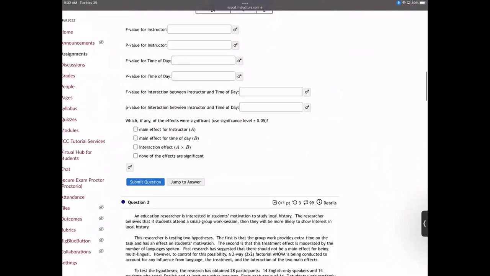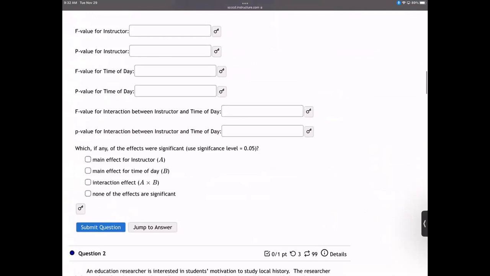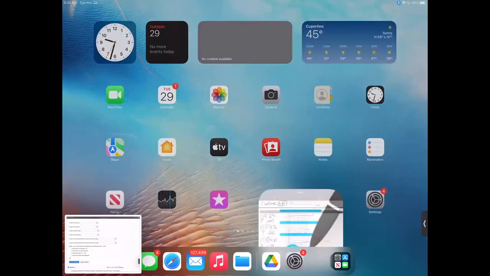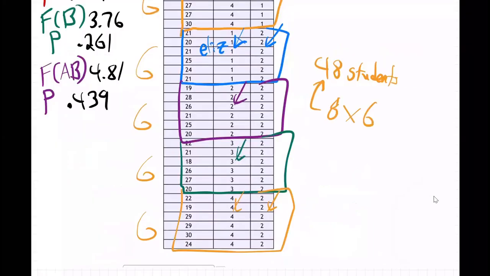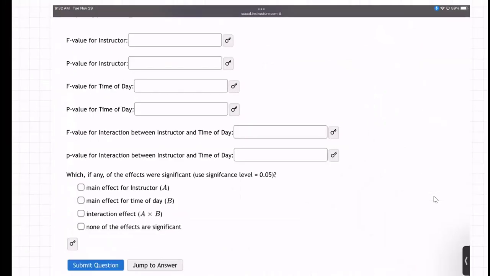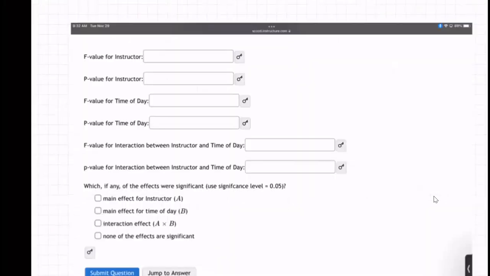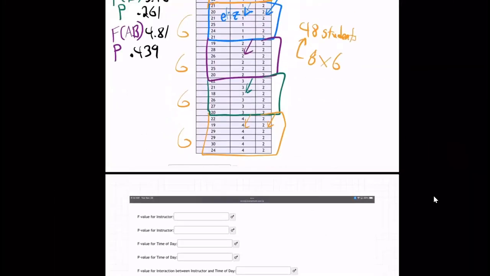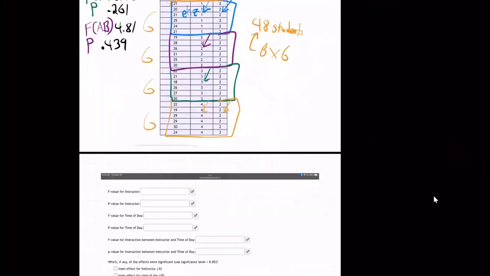There's what it's going to ask you about. So those answers we're going to put right here. So these 6 answers, I'll just write them right here.